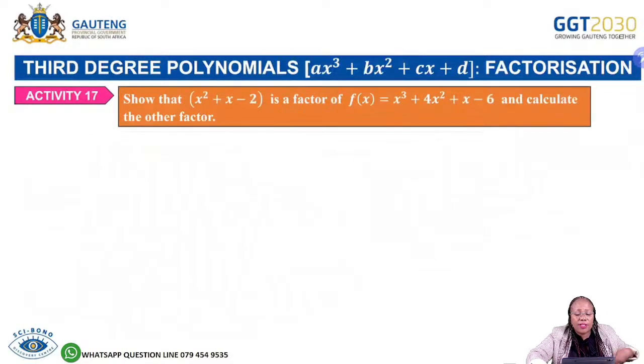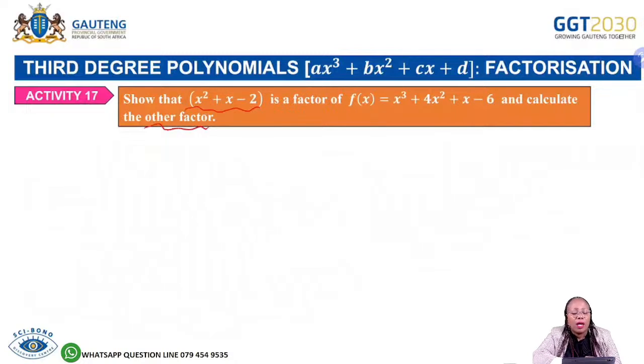And then activity 17: show that x squared plus x minus 2 is a factor of f(x) equals x cubed plus 4x squared plus x minus 6, and calculate the other factor. You show this is a factor, and then after showing, you calculate the other factor.